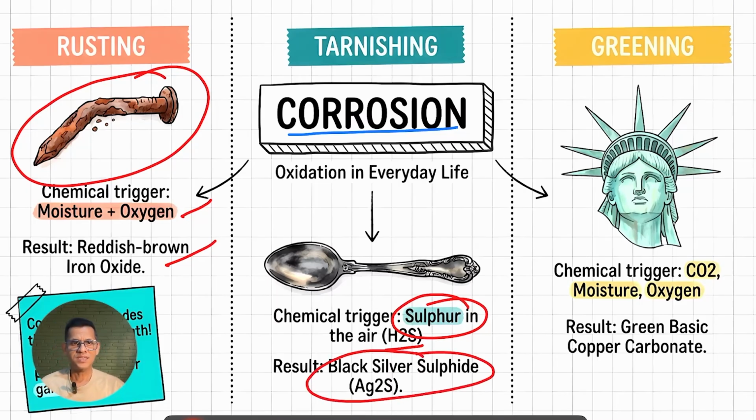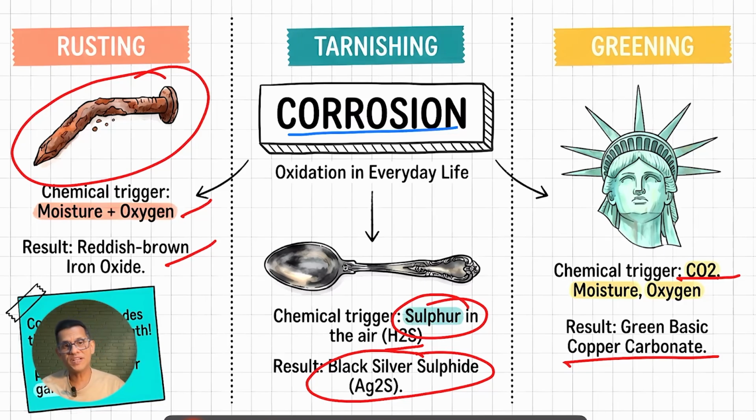So that's another example of corrosion. Or you must have seen copper utensils turning green because they react with mostly carbon dioxide in air and they form a green colored copper carbonate. So all these are examples of corrosion which degrades the strength and quality of the metals.